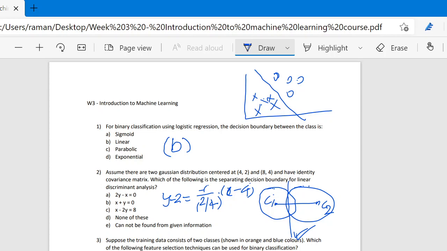Hence y minus 2, this will be 2x minus 8. So the correct answer will be 2x minus y equal to 6. So the correct answer will be D.